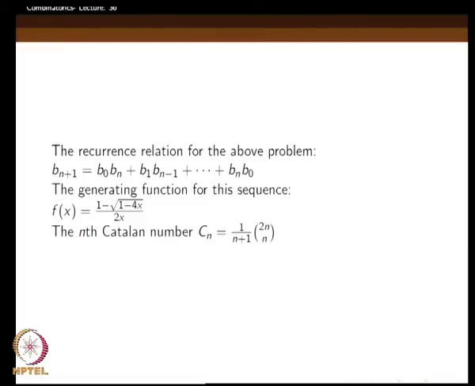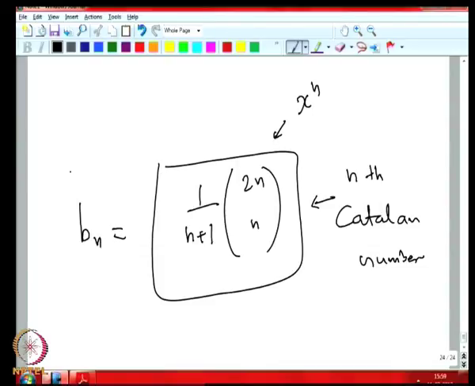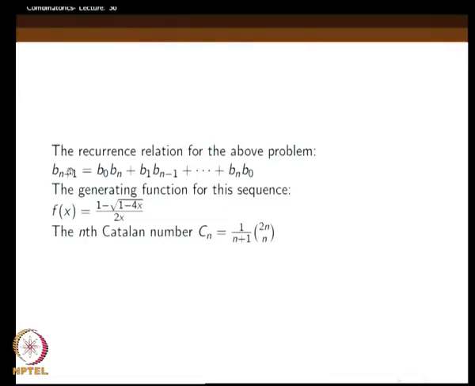This is called the Catalan number because it was first used by Eugene Charles Catalan, 1814 to 1894, a Belgian mathematician, and he used it to find the number of balanced parentheses to evaluate an expression of the form x1 into x2 into x3 into xn.